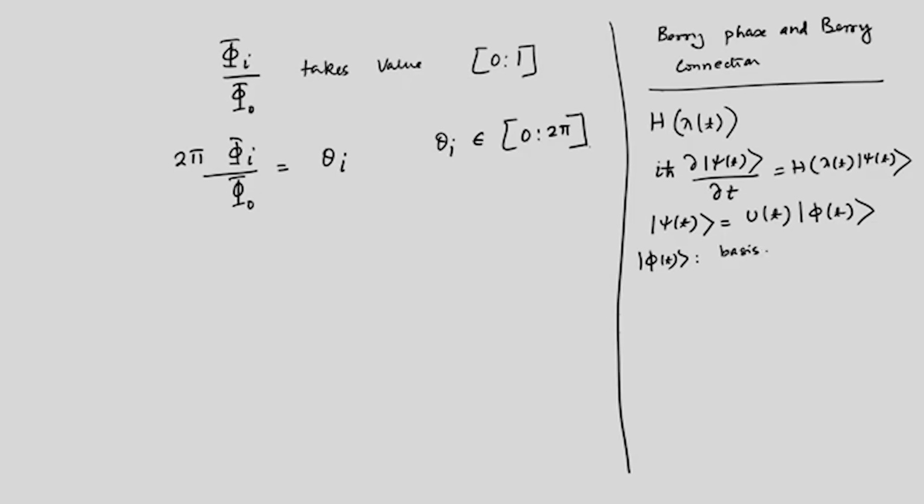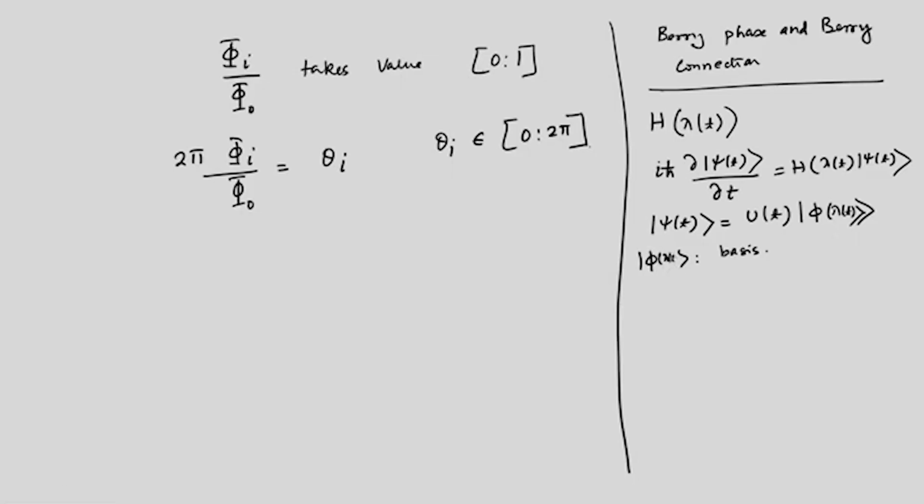Now, of course, this phi of t depends on both lambda and t. So, in fact, we will do better justice if we write it as phi lambda of t, but this denotes the basis.